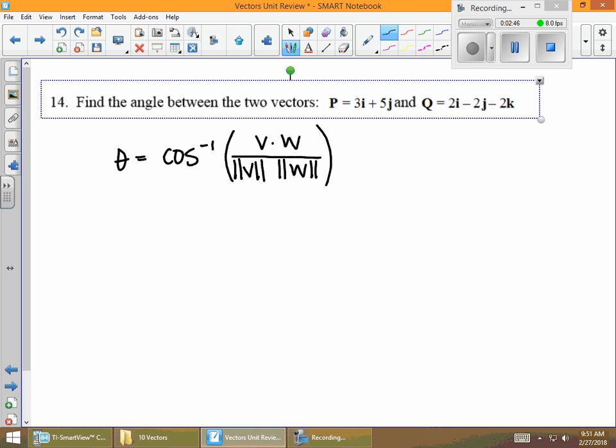The thing that you need to be careful about with this problem is that it looks two-dimensional, but it's actually three-dimensional. With vector p here, our third dimension just is a 0 there. So this is on your equation sheet, so you should be able to just plug in. So go ahead and pause the video and see if you can plug in and find the angle between the two vectors.